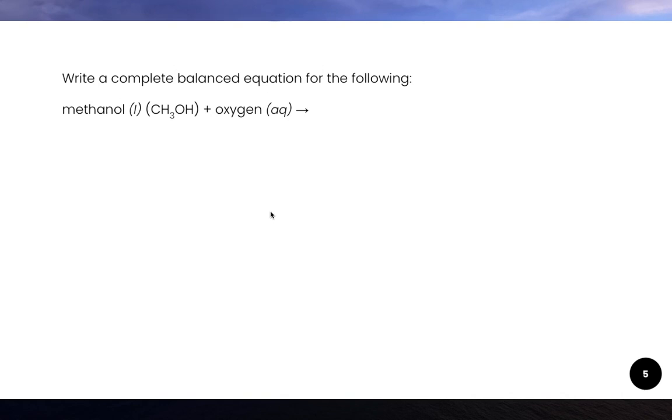So that's easy. If you can figure out that it's combustion, you already know what the products are going to be. Don't forget that oxygen lives with a buddy.